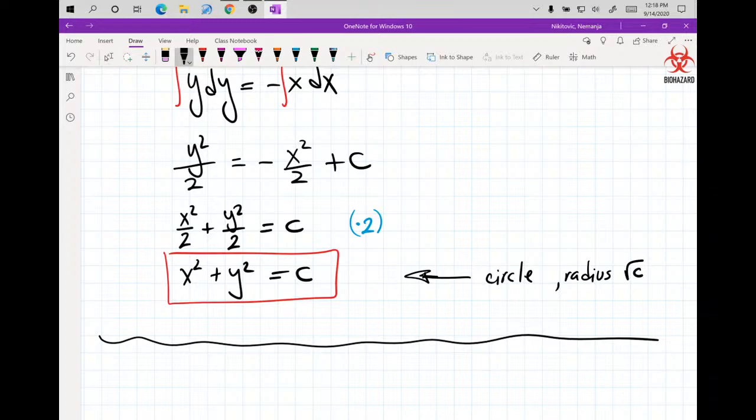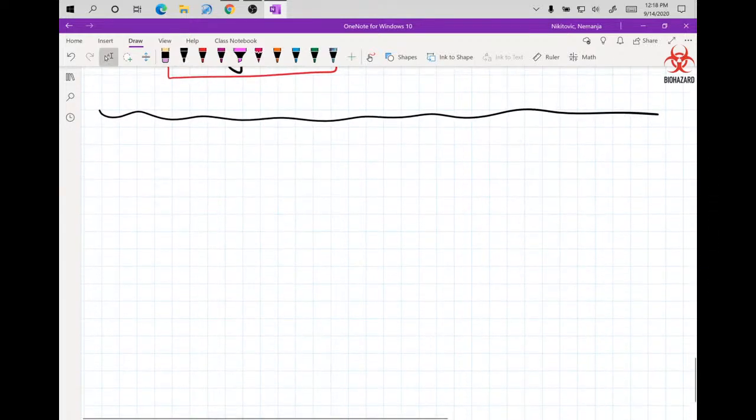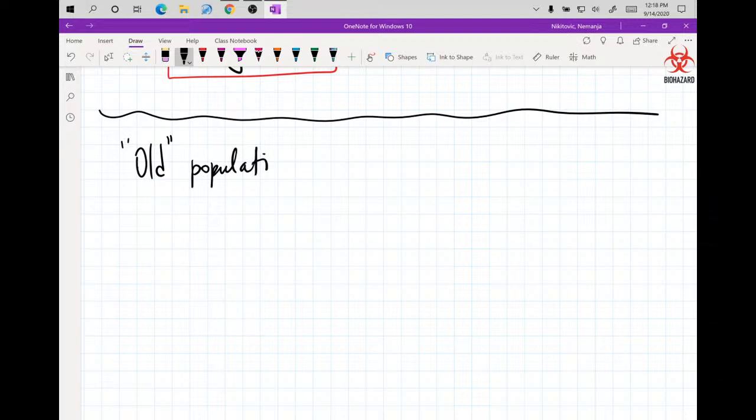Because if you, in the limit, send that old population model to infinity, you get infinity.